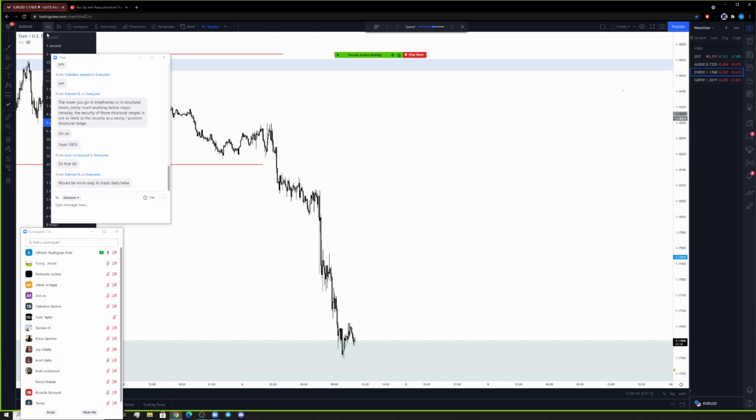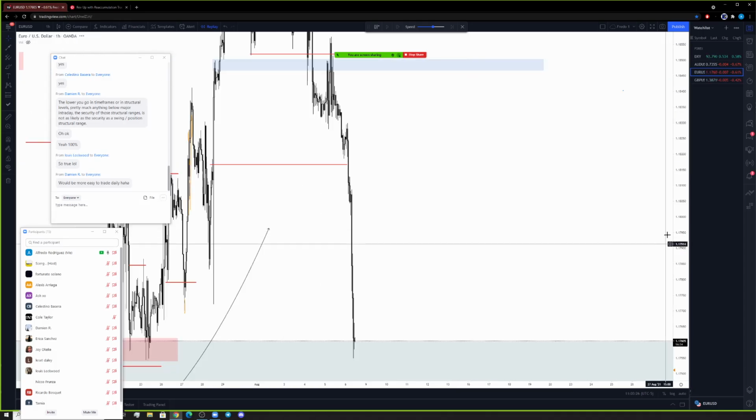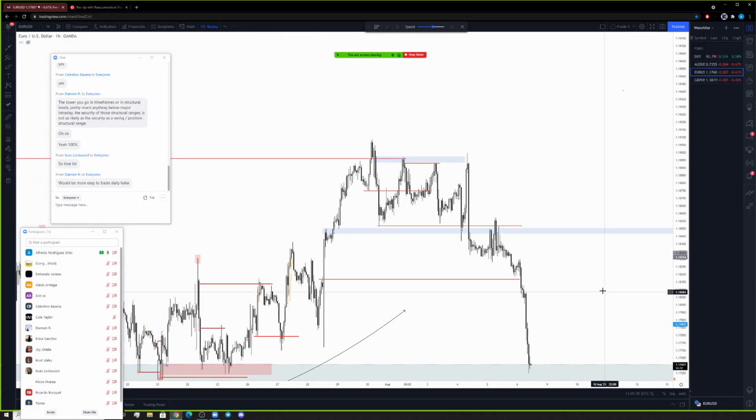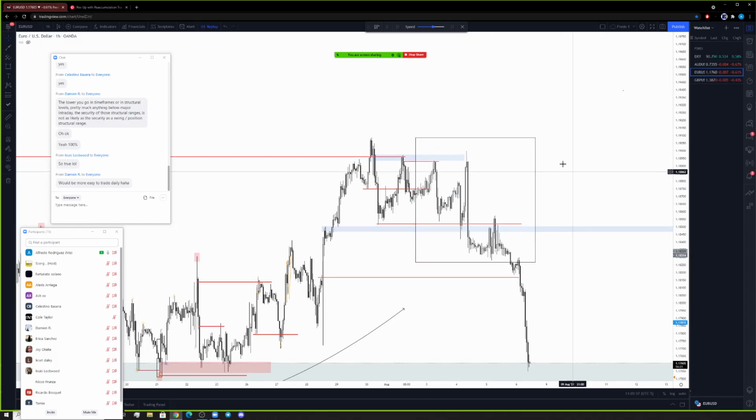Right, so looking at this now, once again, this is what we talked about with structural disruption. So structural disruption, we have a justified bearish scenario based on low, high, retracement.